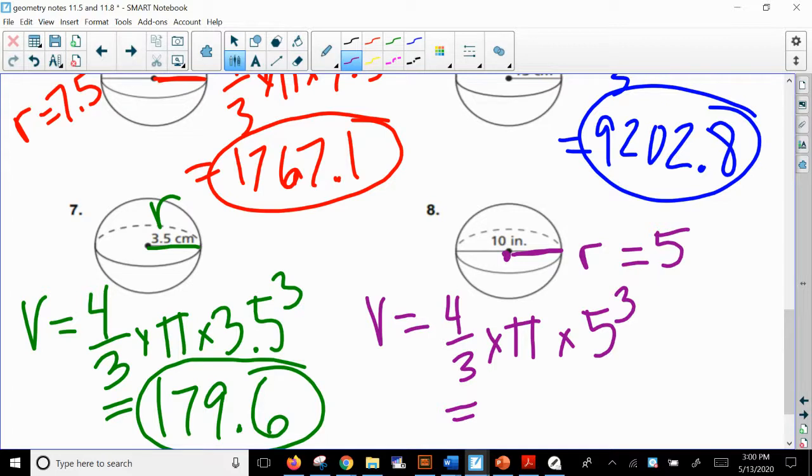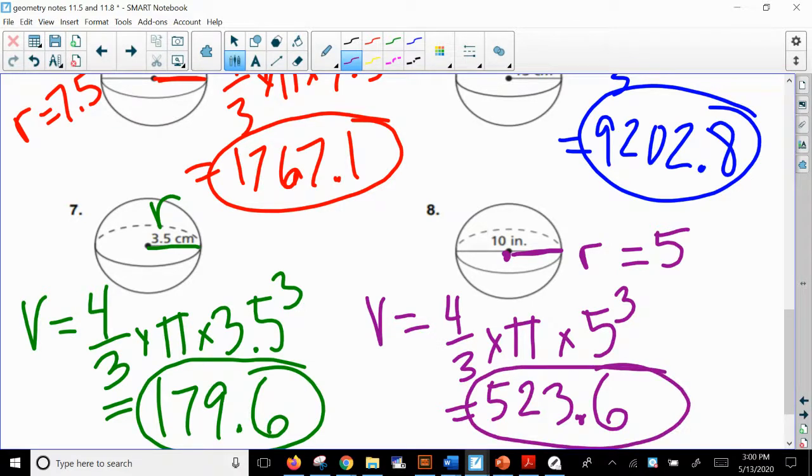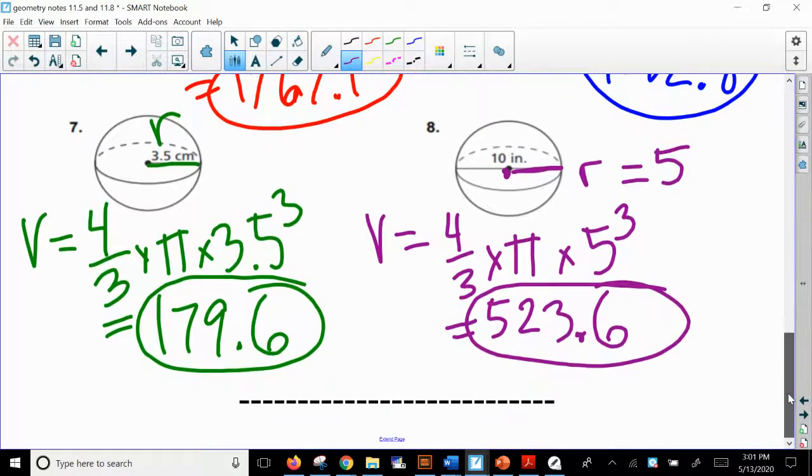Throw it all in the calculator. 4/3 times pi times 5 to the third. I got 523.59 and some more decimals. I'm going to round the 59 up to a 6, because I always like rounding to the nearest tenth. And we are done.